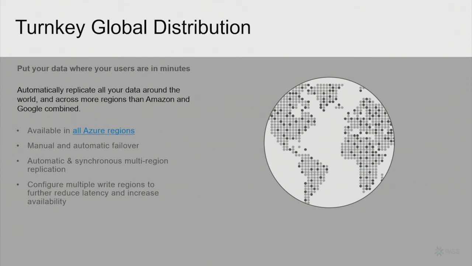You've got no complexity you need to take care of. They do it for you. They take care of that. And that allows you to have 4 nines with a single region and 5 nines when you go to multi-region. And that's not just for reads. You can turn on multi-master writes as well. So I can write into multiple regions and have it take care of all of the underlying plumbing that I need.